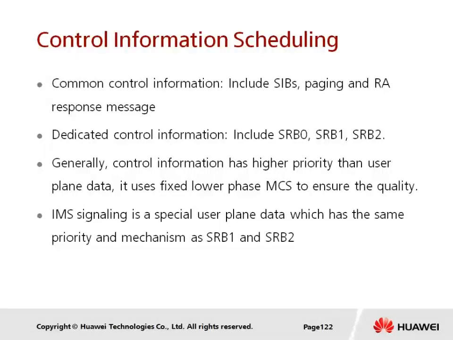The control plane has to be with higher priority because the user has to decode the control information first in order to decode the user plane. At the same time, control information is also using a lower order modulation coding scheme to ensure the quality. IMS signaling, which is the signaling for VoLTE, is a special user plane data which has the same priority as SRB1 and SRB2.